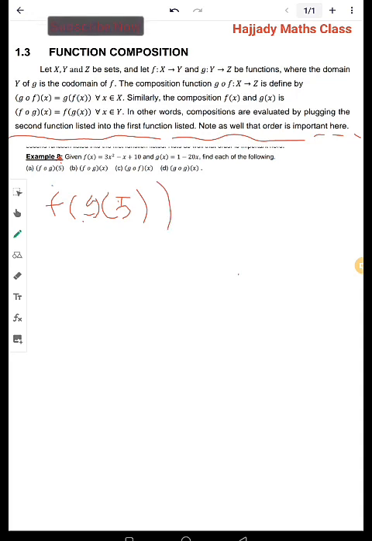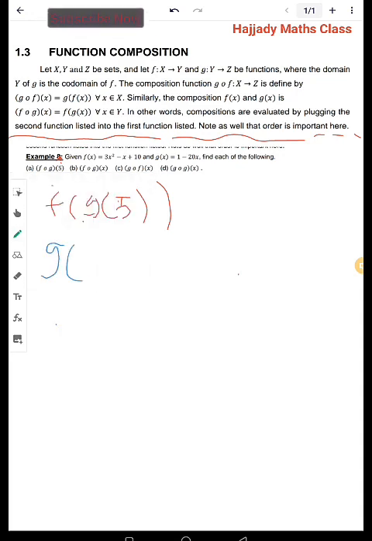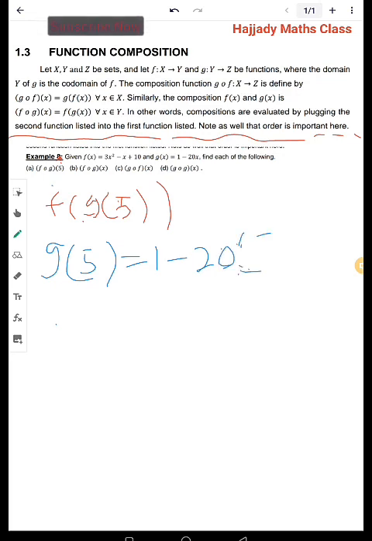The first thing we need to do here is to calculate our g of 5. Don't forget that this is g of x, so anywhere you have x, we are substituting it with 5. So instead of g of x, we have g of 5, which is 1 minus 20 into bracket 5.